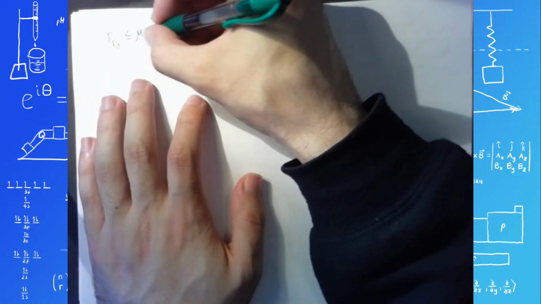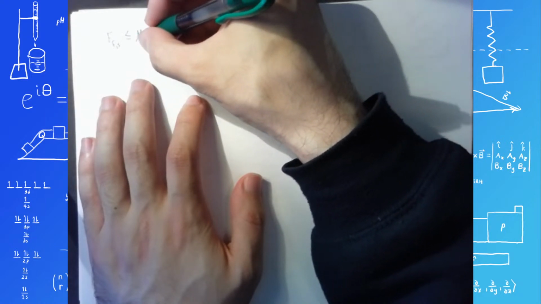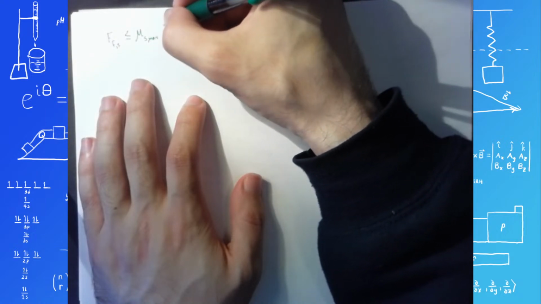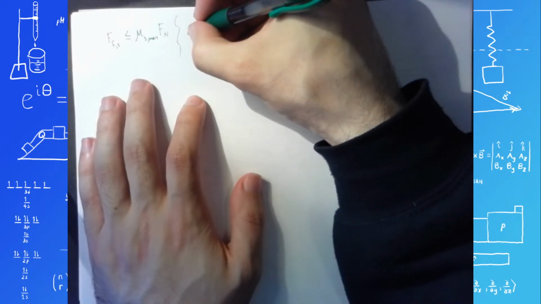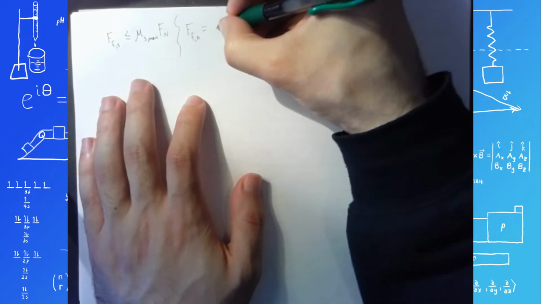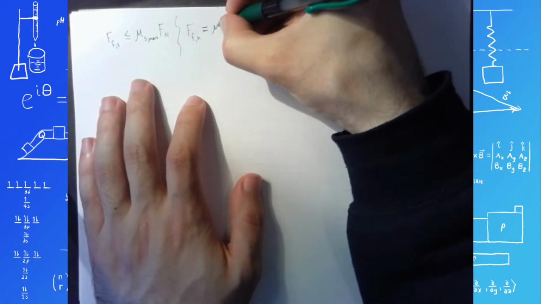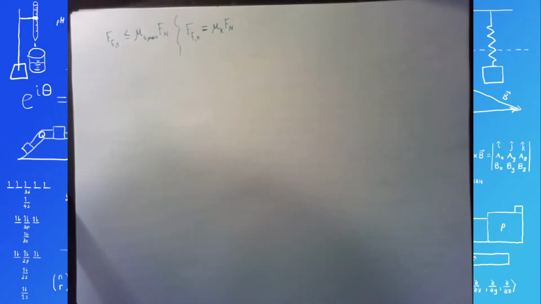A lot of times book problems will not give you this max, they'll just call it mu static, and you're supposed to assume it's the maximum, times normal force. And then force of friction kinetic is an equality, mu kinetic times normal force.